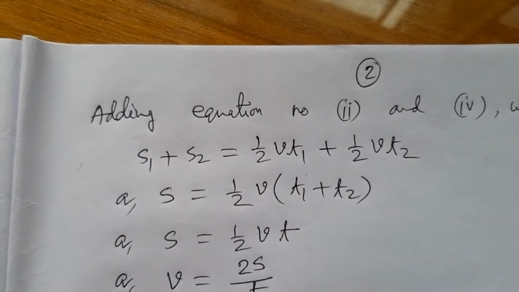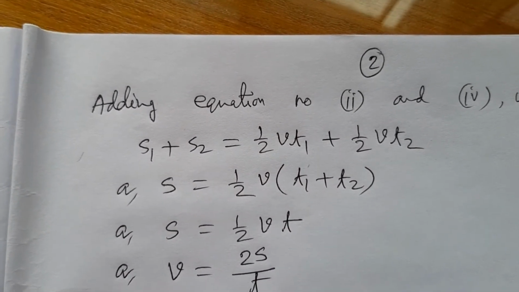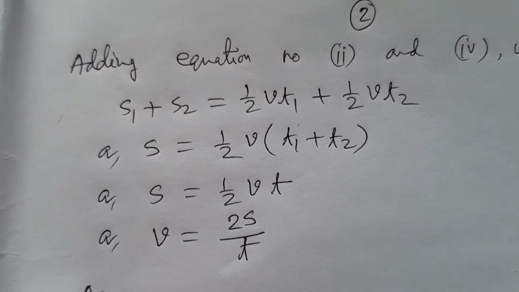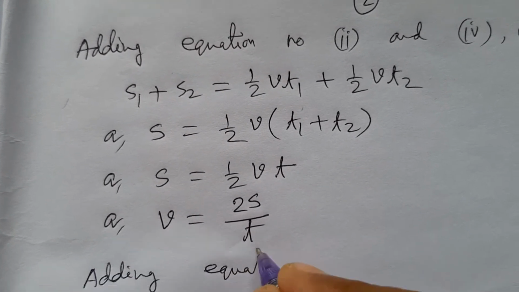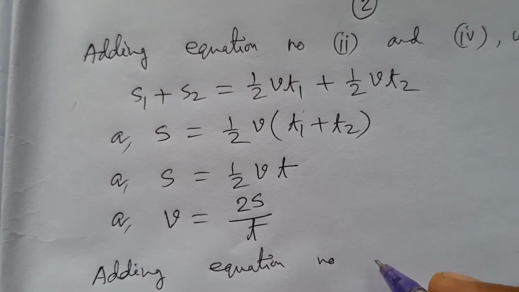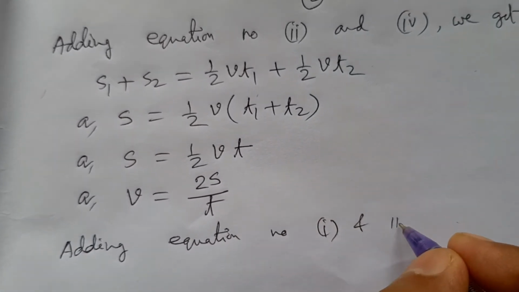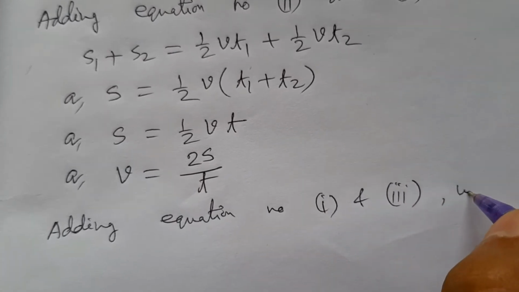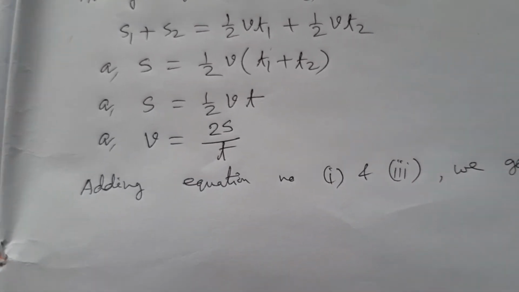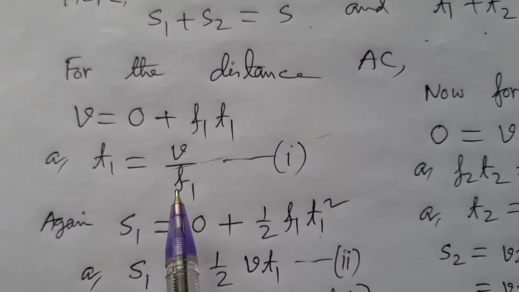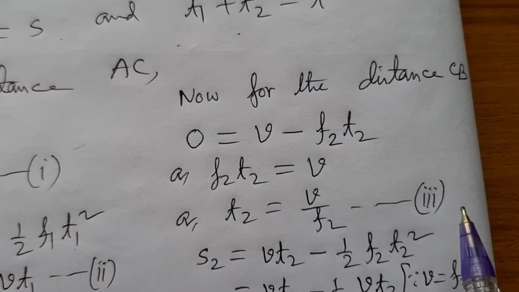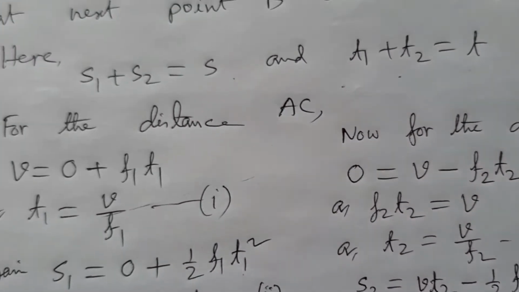Now we add equations 1 and 3. Please look here, equation 1 is t1 is equal to v by f1, and equation 3, t2 is equal to v by f2.